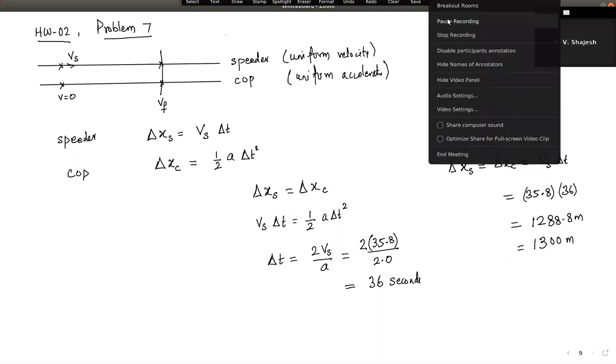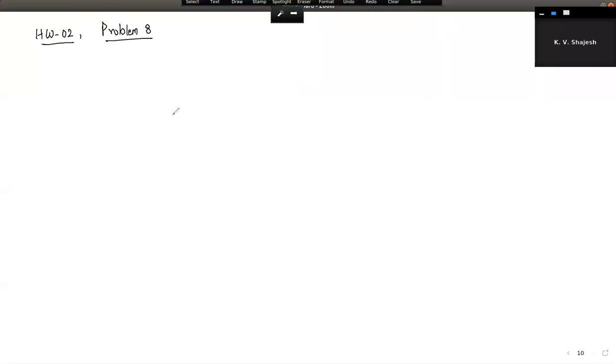Let me pause this now. This is problem 8 in homework 2. We talk about a bridge. So this is the position on a bridge. You could be standing here and looking down at water flowing down here, and let's say that's the point right underneath the bridge.